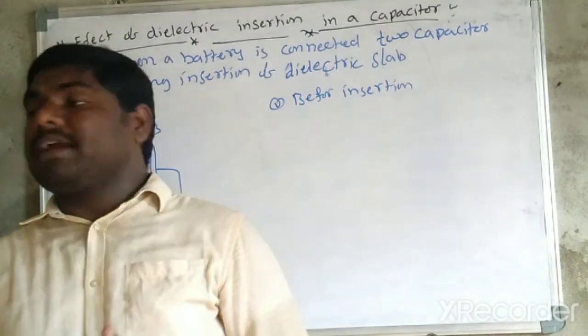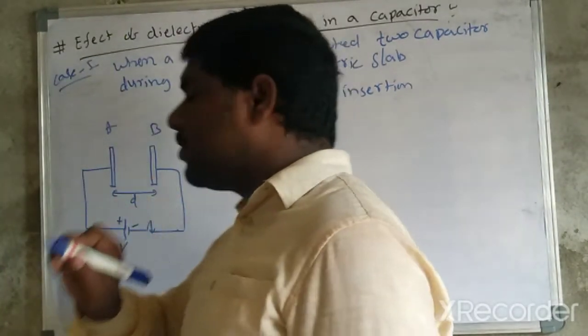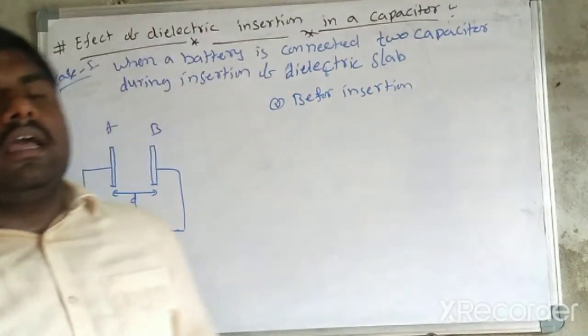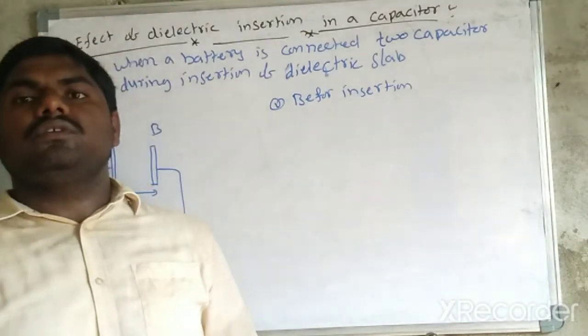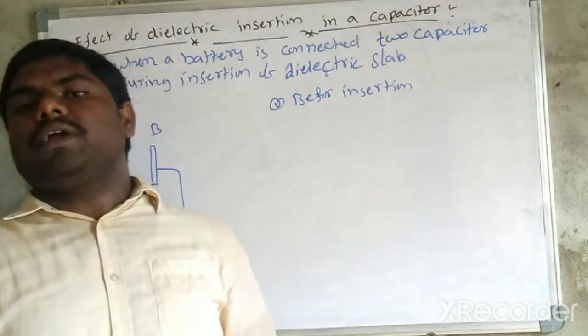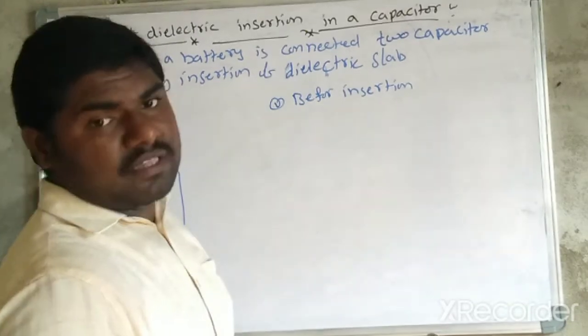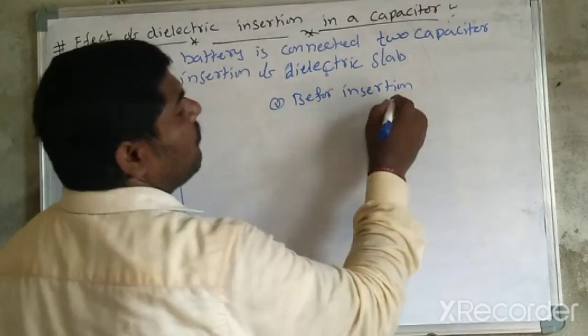We know the battery potential is V, this is positive, this is negative. The electric field E is equal to V by d, the charge Q is equal to C V, and the energy U is equal to 1 by 2 C V squared. Already we discussed this in previous cases. So before insertion, there are a total of 5 parameters.